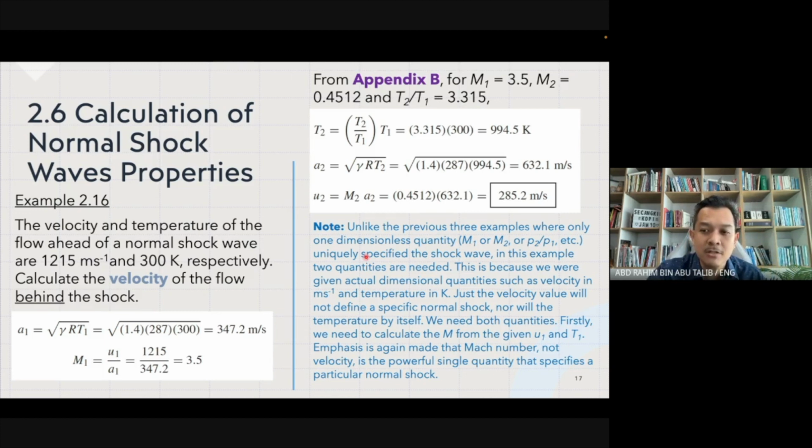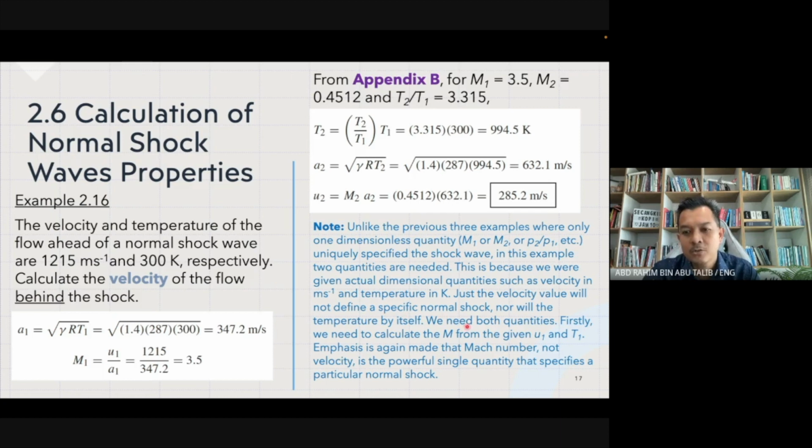This is because we were given actual dimensional quantities. We are given velocity as well as the temperature ahead of a normal shock. If you are given only the velocity, you cannot solve the problem, which does not define a specific normal shock.